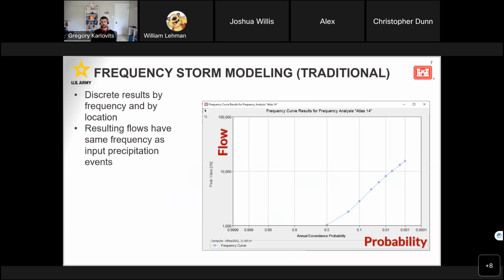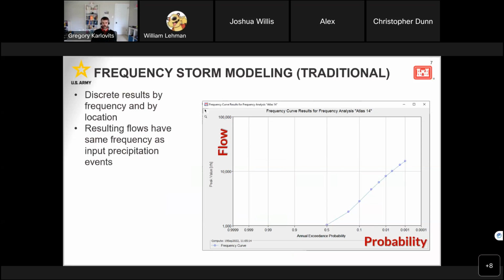This is all based on the assumption that the resulting flows that you get from running this hydrologic model have the same frequency as the input precipitation events. That's a concept called AEP neutrality, or annual exceedance probability neutrality. You're basically setting up the model in such a way that it's reasonable to assume that the flows have the same probability as the input precipitation.